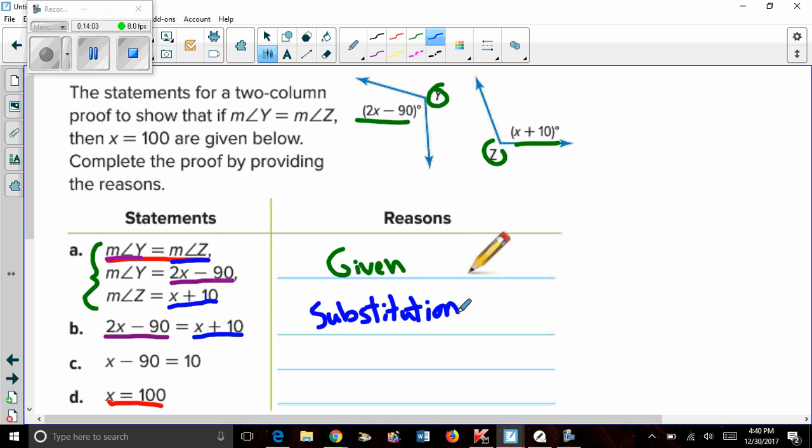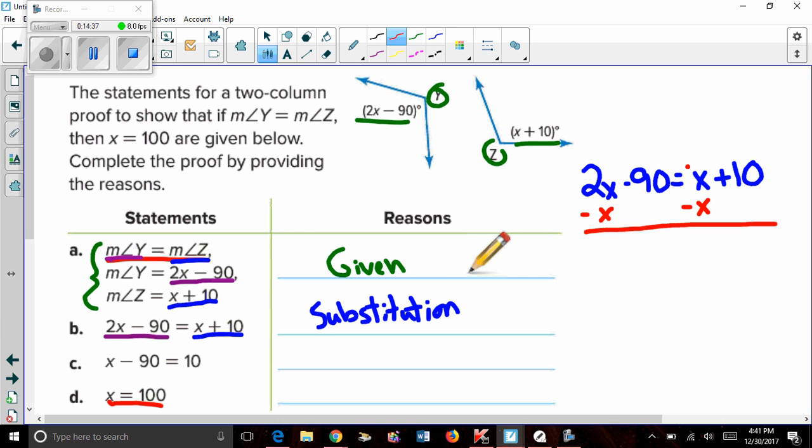Now, looking at the next statement, statement C, we went from 2x minus 90 equals x plus 10 down to x minus 90 equals 10. What happened here is they are using our rules for solving an equation to answer this question. They subtracted this 1x from each side of the equation so that all the x's were on one side. 2 minus 1 is just 1x minus 90 equals 10.